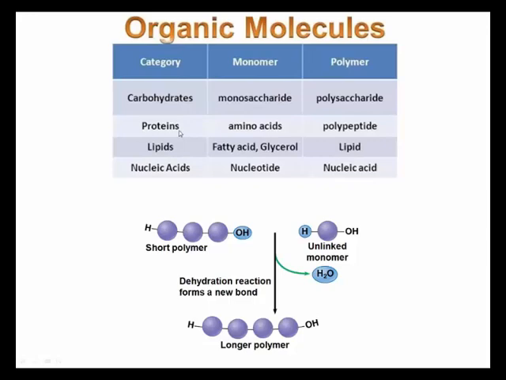Proteins, the second class of biological molecules, are made up of amino acids. The beads are amino acids, and the long polymer is called a polypeptide. Nucleic acids, DNA and RNA. The monomer is called a nucleotide, and the long polymer is called a nucleic acid. There are special names for the bonds between each of these monomers as well, but we're not going to talk about those until we get into detail about each type of macromolecule.